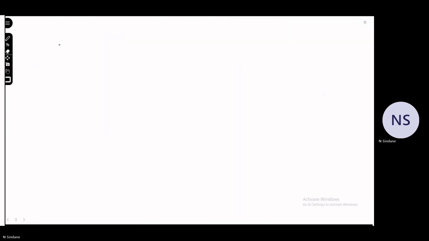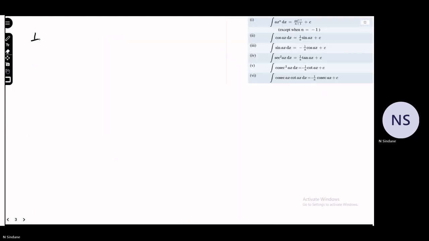I have 1 over 10 times, if I integrate u to the power 6, I'm going to get u to the power 6 plus 1 divided by 6 plus 1 plus c. And then this is 1 over 10 u to the power 7 over 7 plus c.